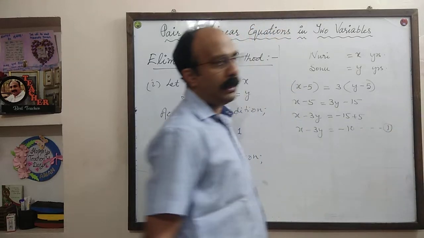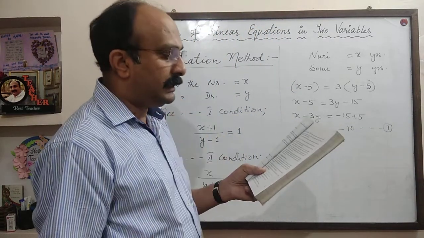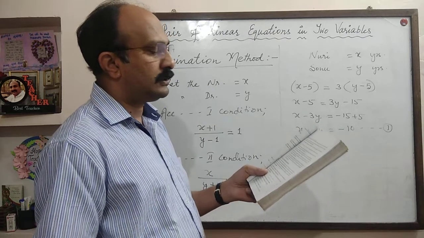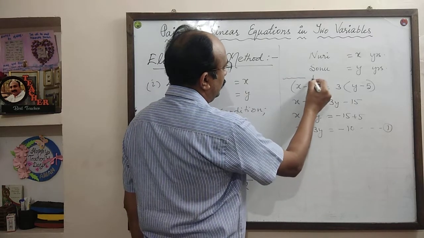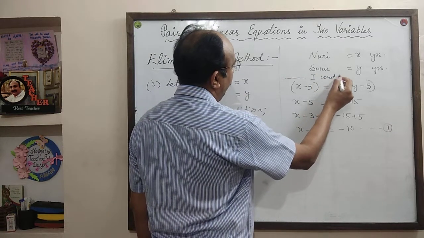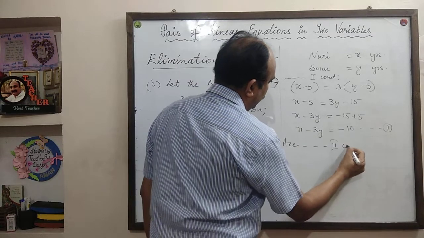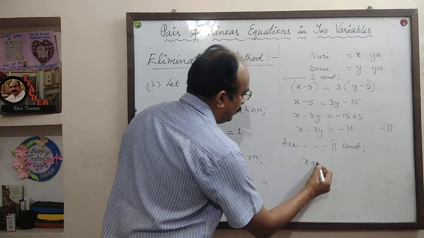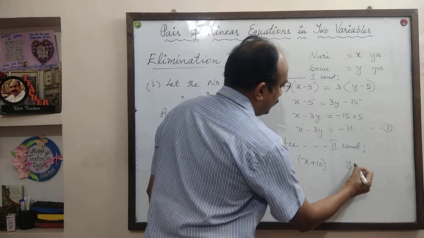Equation number 1. Now see the second condition. 10 years later, Noori will be twice as old as Sonu. 10 years later, Noori is x plus 10 and Sonu is y plus 10.